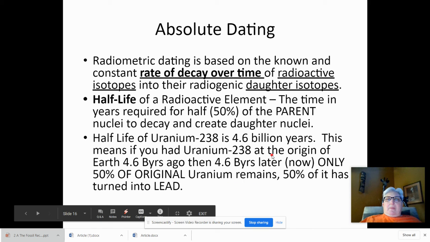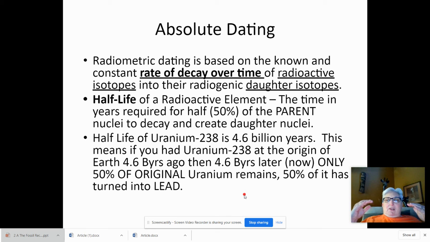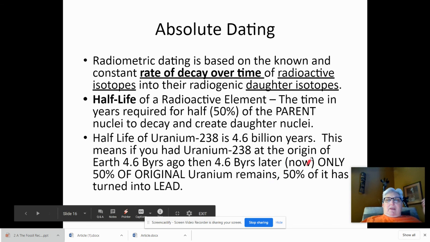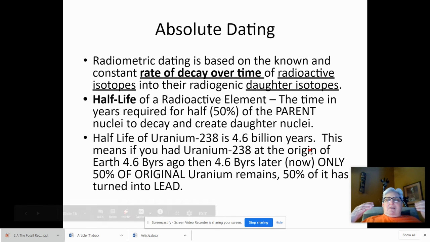So absolute dating gives us a much clearer timing in the geological history of the Earth of when something may have been. That's why radioactivity has such a long half-life.